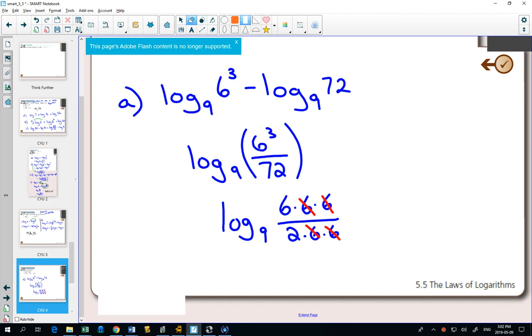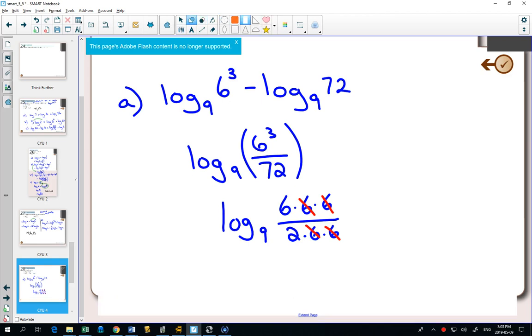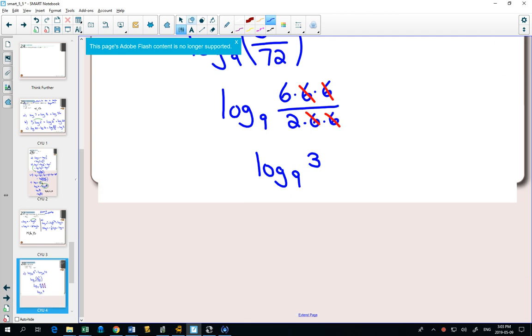What would that leave me with? Just 6 divided by 2. Which is log 9 of 3.